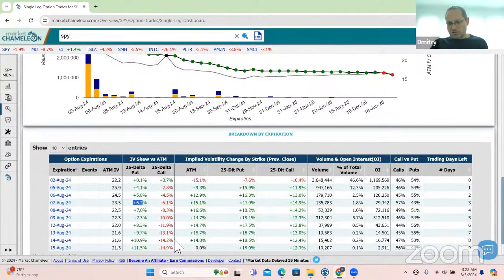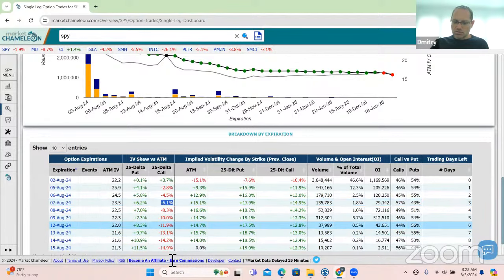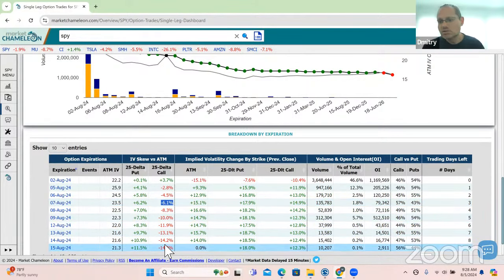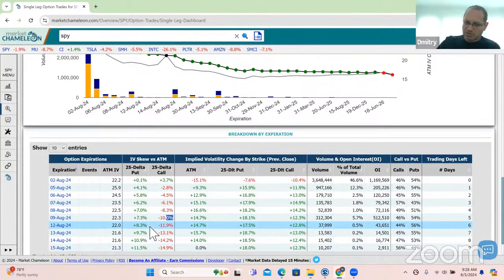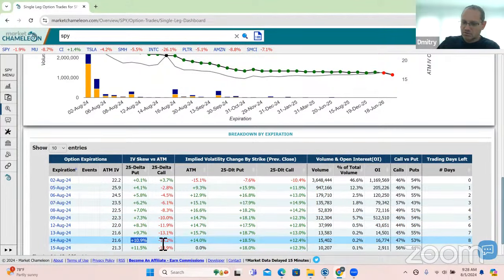As the strike goes higher, the implied volatility goes lower. That is what the implied volatility skew looks like. And we see that each expiration will be different. Each expiration can have a different vertical skew.